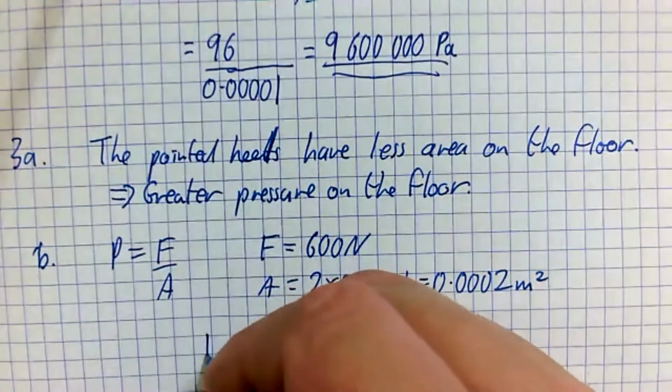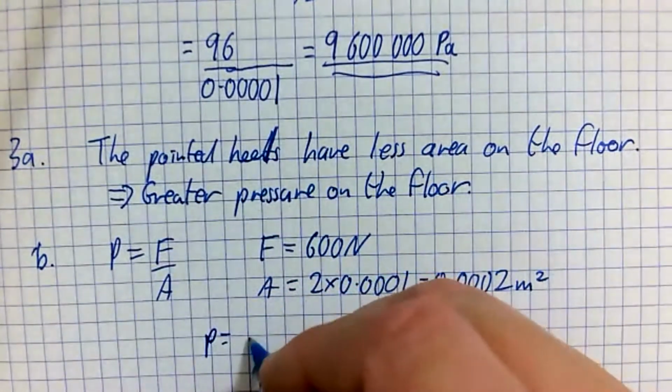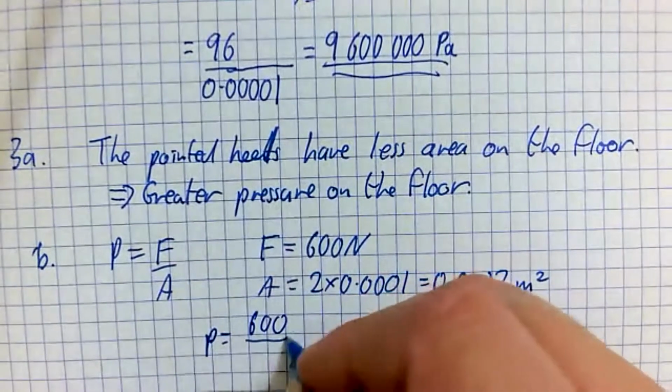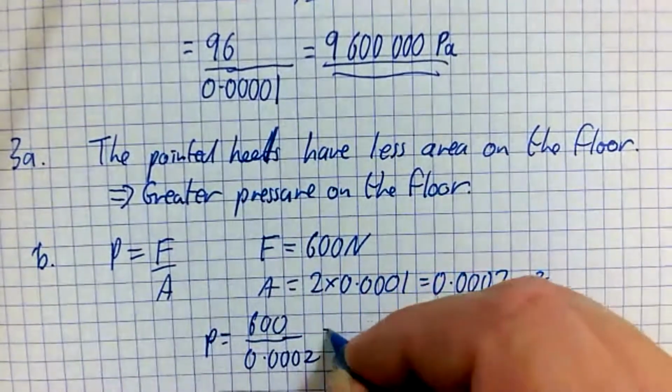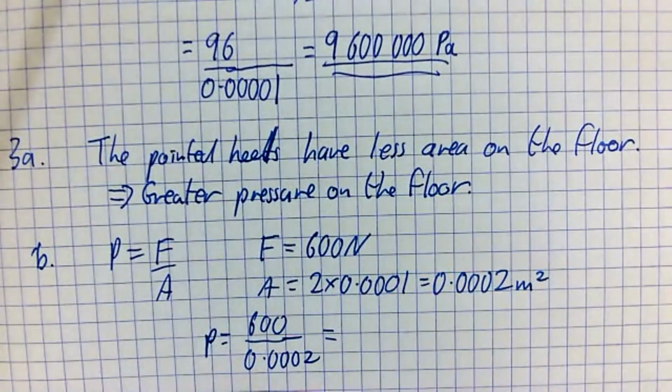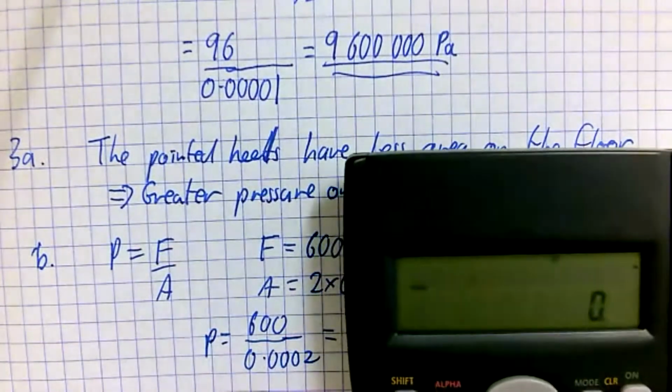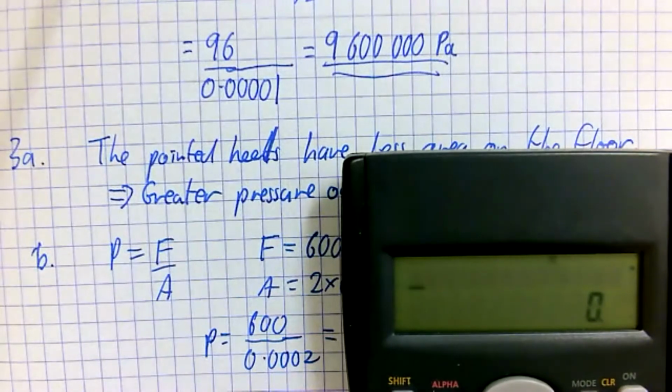Then you substitute. Pressure is force, which is 600, divided by 0.0002. Always use a calculator. Why? Because sometimes even when you do something you think is simple by mental arithmetic, you can make mistakes. The calculator makes it a little bit easier to use. So it's 3 zeros after the decimal point and then 2.